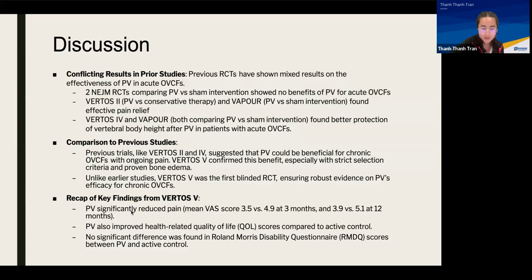And here is just a brief recap of the key findings for the VERTOS V study. Basically, PV significantly reduced pain. It also improved health-related quality of life, and there were no significant differences found in functionality between the two groups.